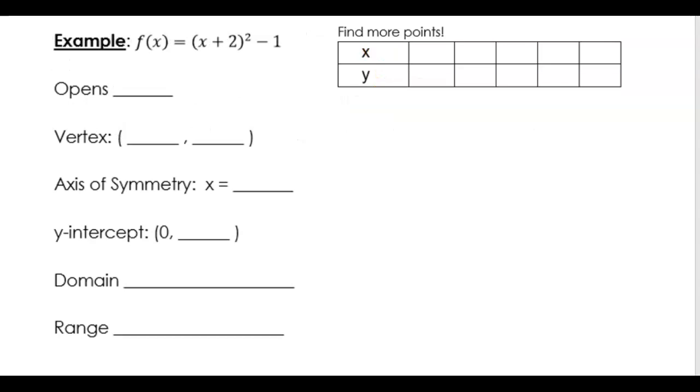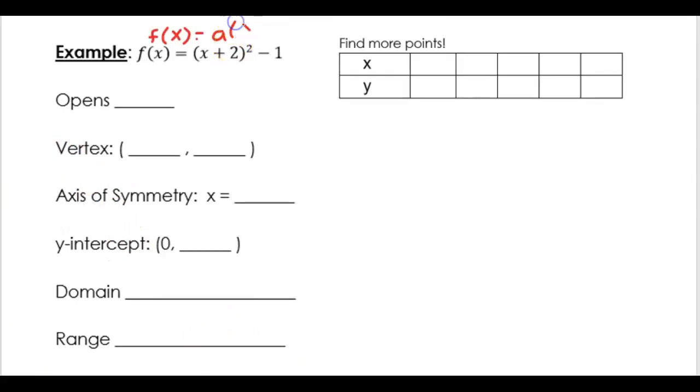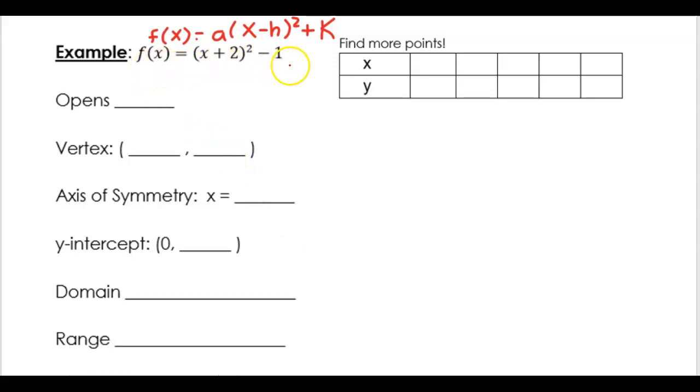This first example is in vertex form. Vertex form, once again, is a(x minus h) squared plus k. Where am I going to find the A? In front of the parentheses. In my first example, did you write this problem down on your paper?